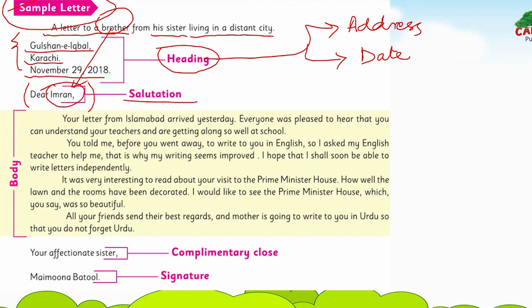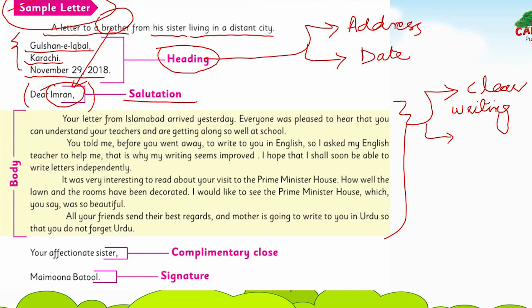So here comes the portion known as the body. Now here the thinking and writing skills come in. So in writing the body, you should be very clear in writing.